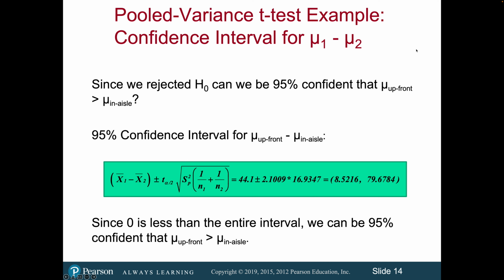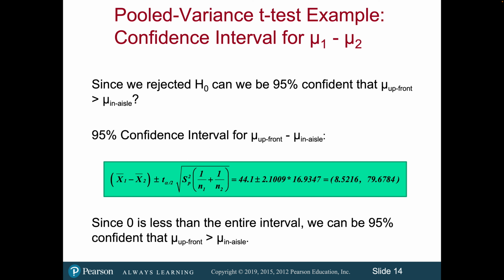Calculating our confidence interval. You can see the calculations down here. Our 95% confidence interval would say that the upfront marketing approach is about 8.5 to somewhere around 79.7 higher than the in aisle.